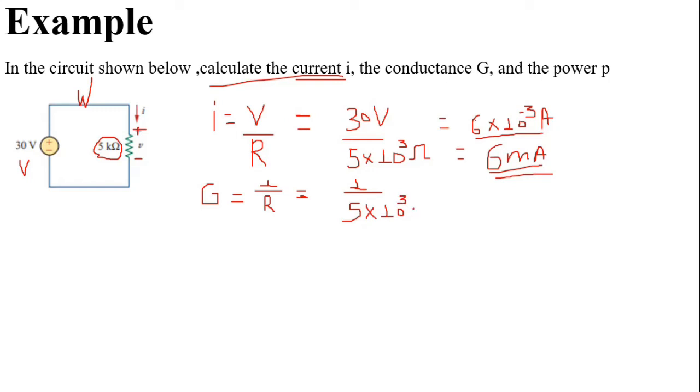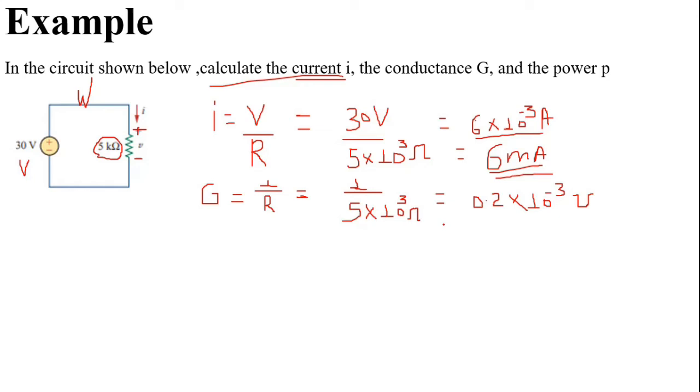This can be simplified as 0.2 times 10 to the power of minus 3, with the unit of conductance, siemens or mhos.